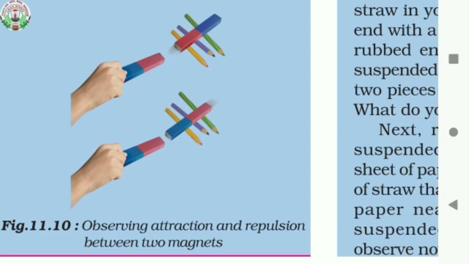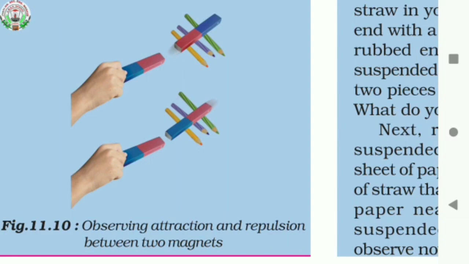Now come to the second figure. You are bringing the north pole of a bar magnet near the south pole of another bar magnet which is kept over the pencils. What do you observe? You can observe that the magnet which is kept over the pencils moves towards the first magnet.